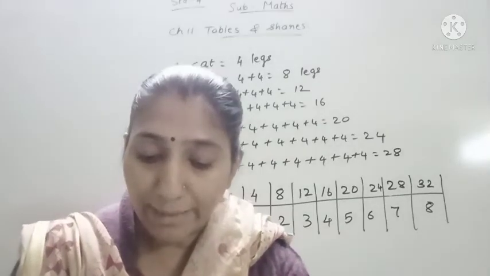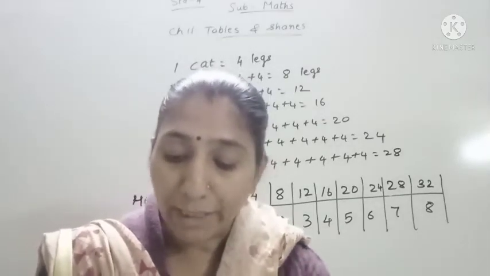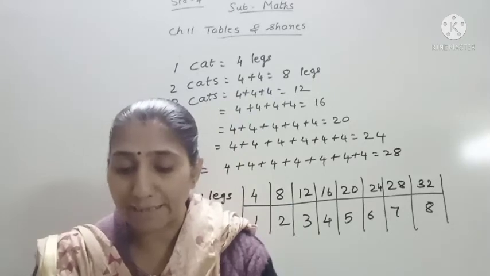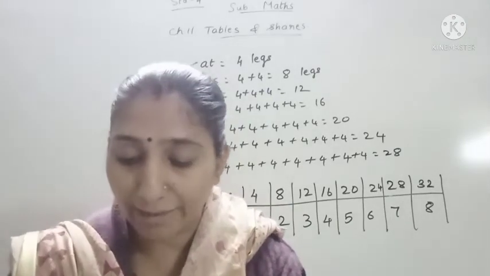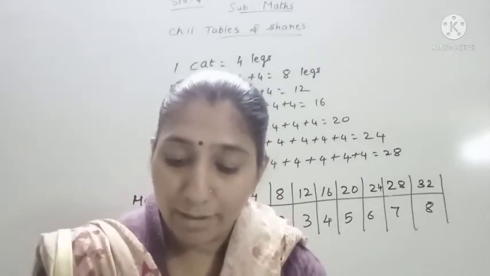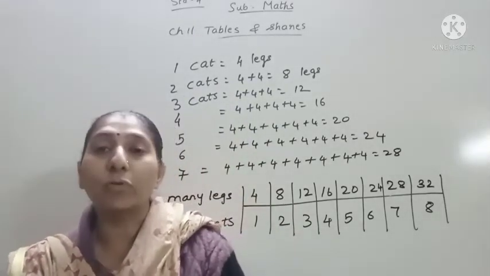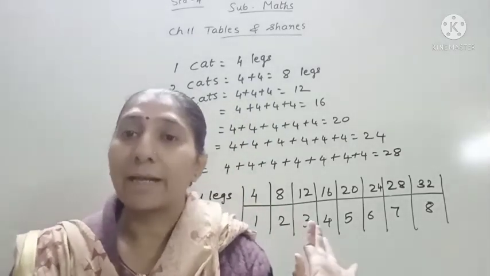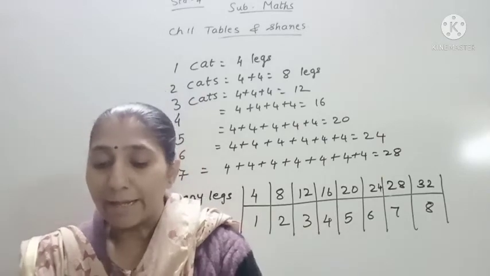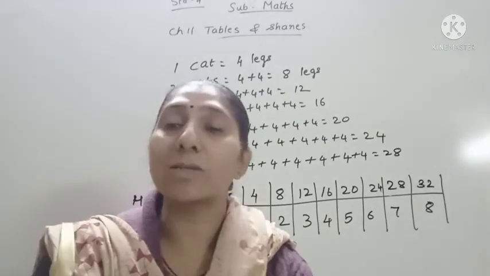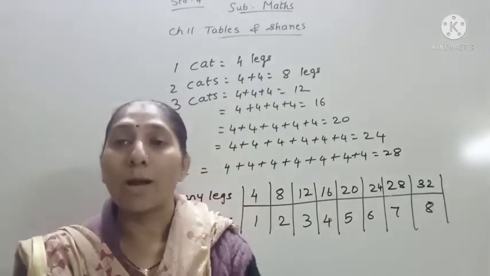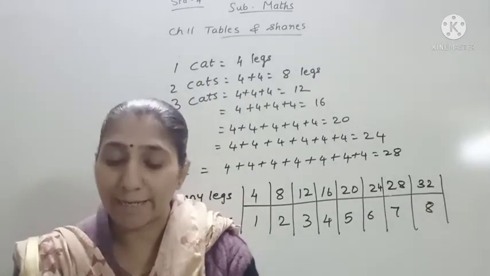Balu has kept his chickens in a box. He counted 28 legs. How many chickens are there? Now we have to do it in the same way, in the addition method. Now, how many legs does one chicken have? One chicken has 2 legs.